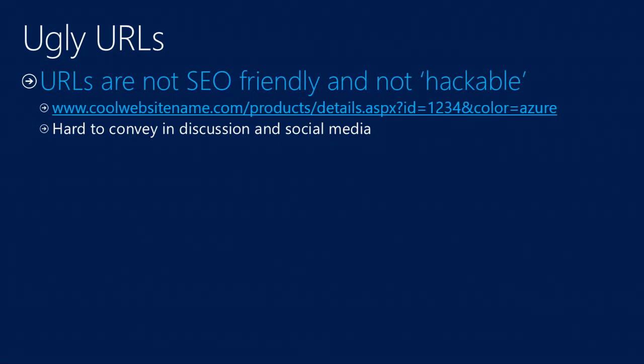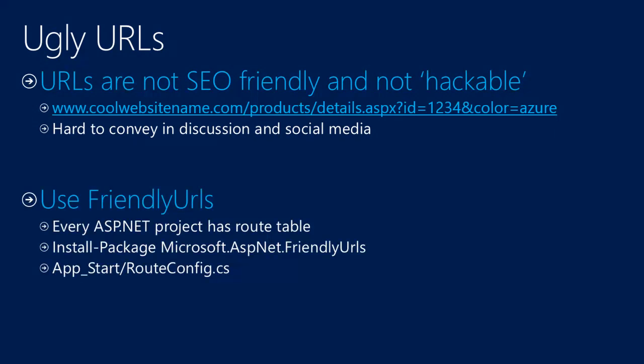So let's use something called friendly URLs. Now this became available to us in 2012. It's in .NET 4.5 and later, and it comes through automatically activated for you. Now, you can add it on if you're in Visual Studio 2012. What it does is take advantage of the route table that's in every ASP.NET project.